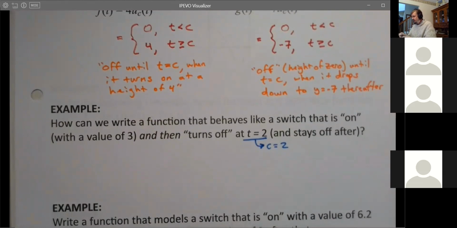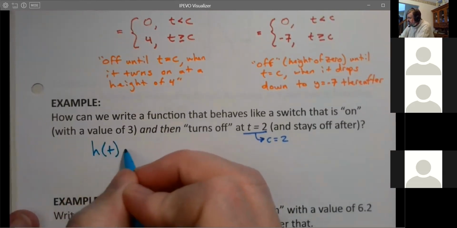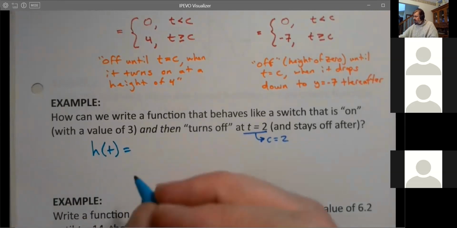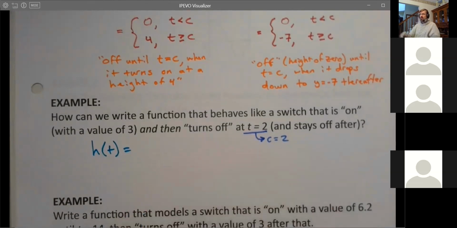Any suggestions? I'm going to make this h of t. Well, if I just write u sub 2 of t, that's going to start off as 0 and then jump up to 1 when t equals 2. So what could I try?